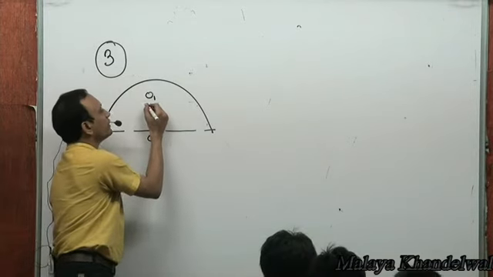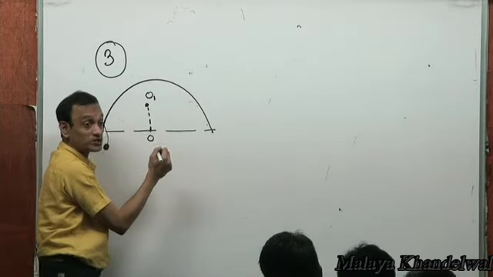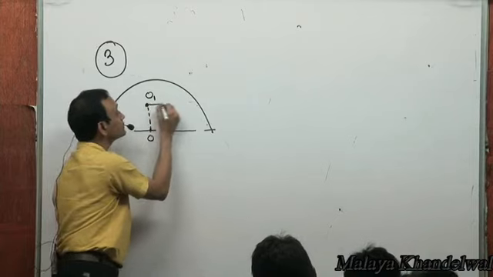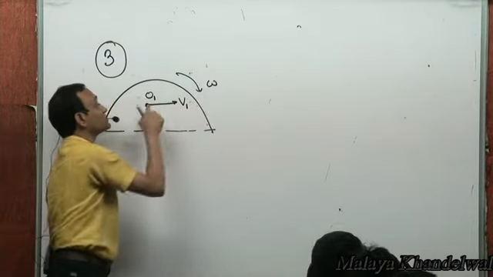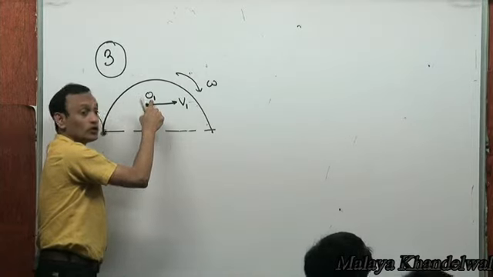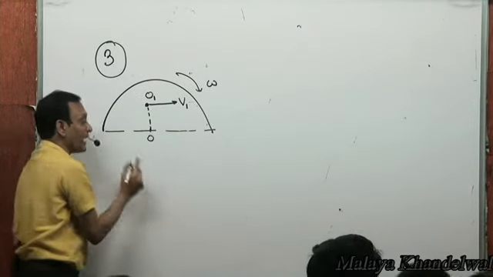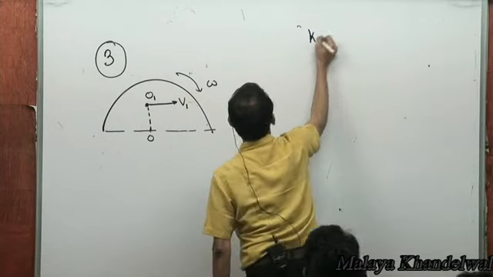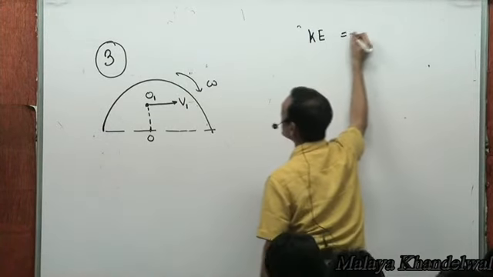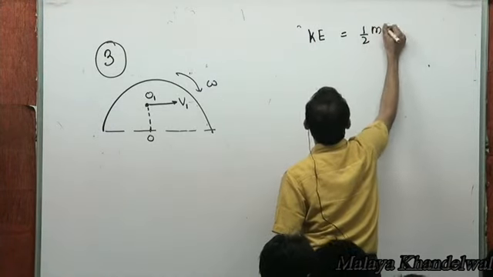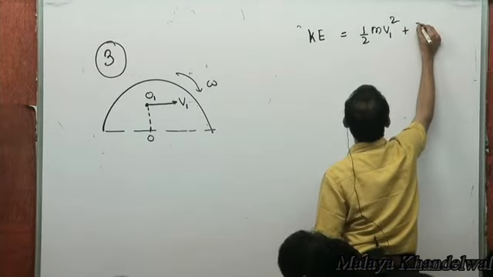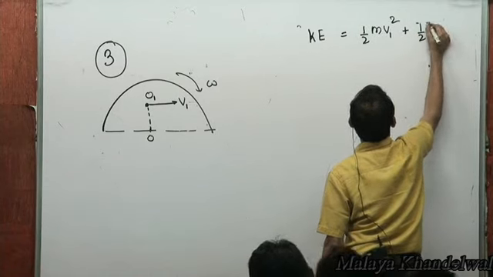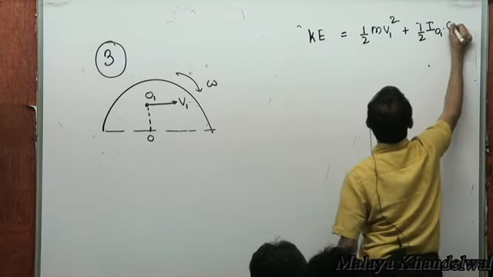Now, if this point O1, which is the center of mass of the upper half, had a velocity v1, and this is angular velocity omega, then the kinetic energy of the upper half is going to be half of m v1 squared, velocity of the center of mass, plus half of I about O1 into omega squared.